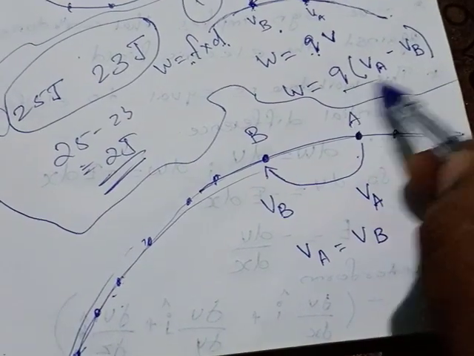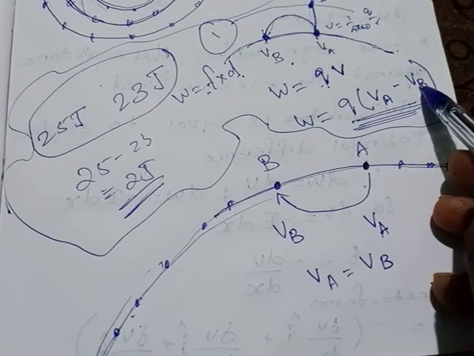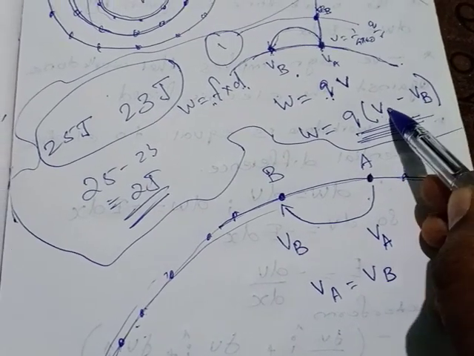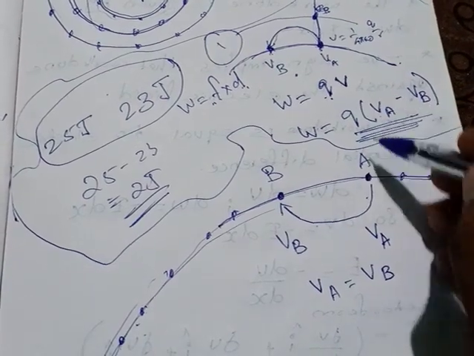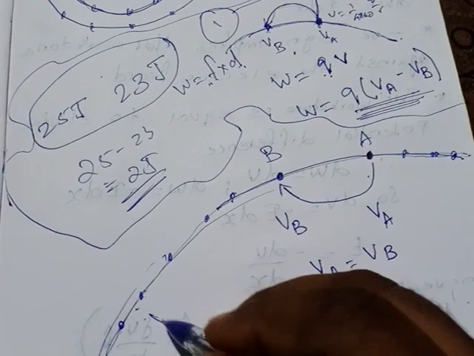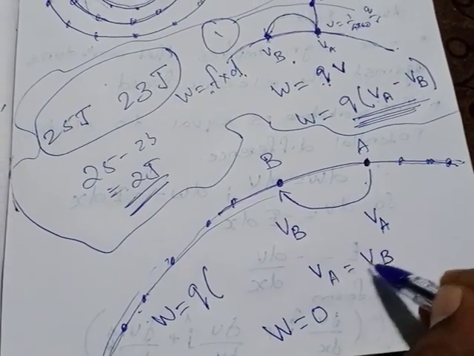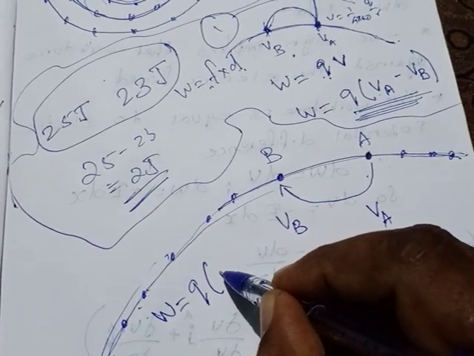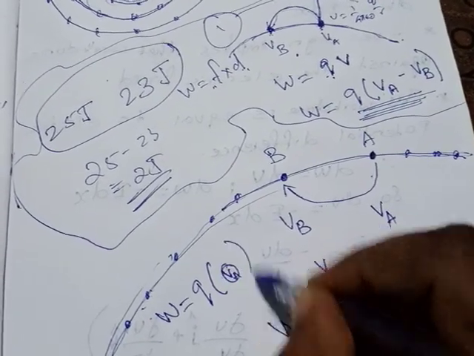VA is equal to VB, so what will happen to this equation? VA and VB are equal, so here 0 will come.